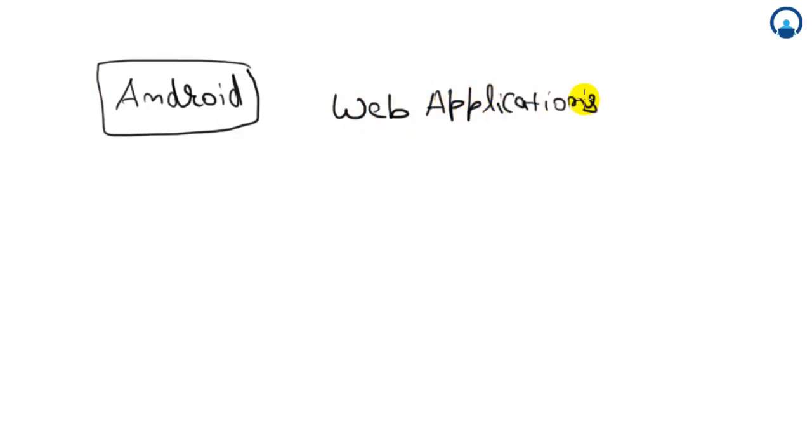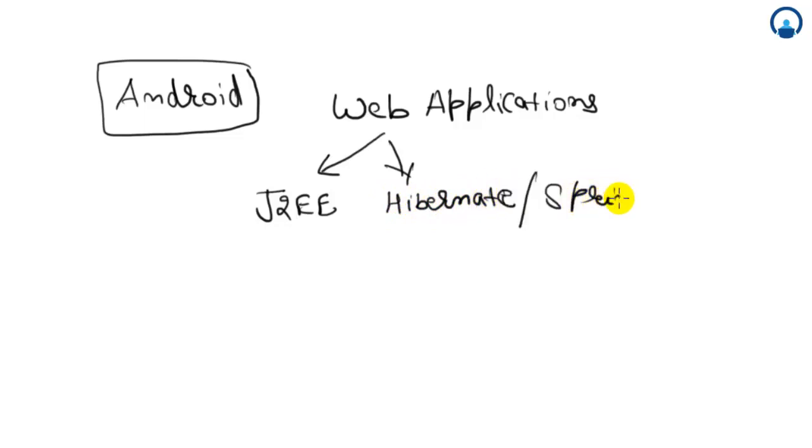There are various technologies with which we can develop web applications, like J2EE, Hibernate and Spring's API in conjunction, and Struts, and many more technologies with which we can develop web applications.